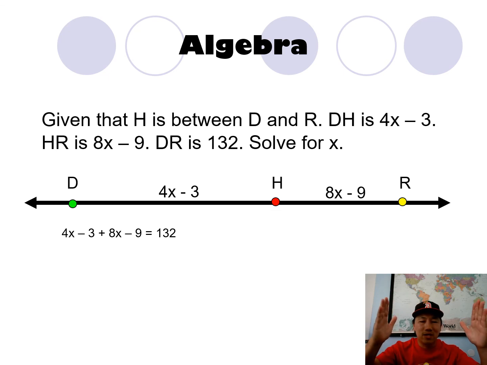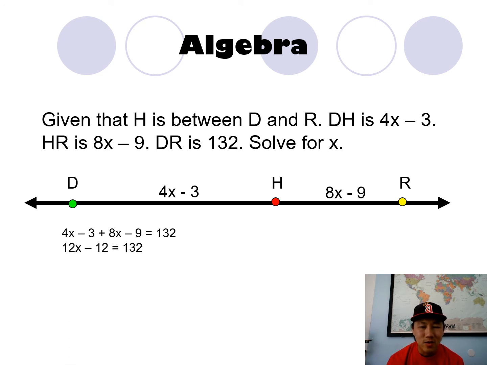So that whole thing is 132. Add the two pieces together to get the whole thing. Segment addition postulate. Use your algebra skills. Combine like terms. Simplify. Add 12 to both sides. And then, of course, divide both sides by 12. And we have x is equal to 12.